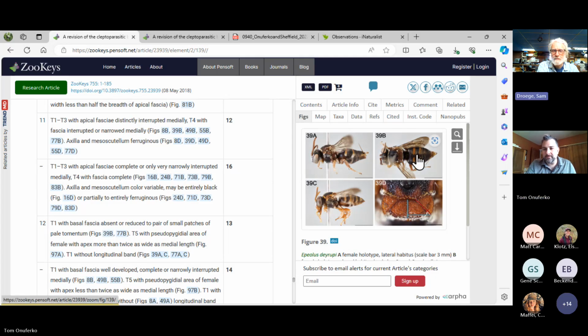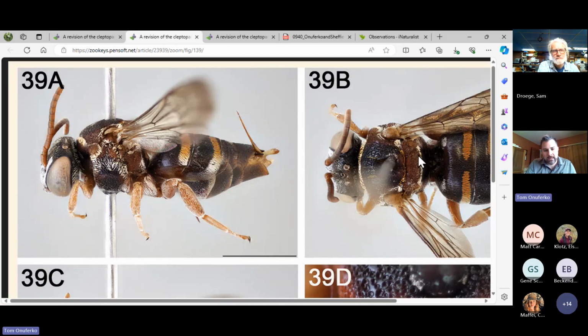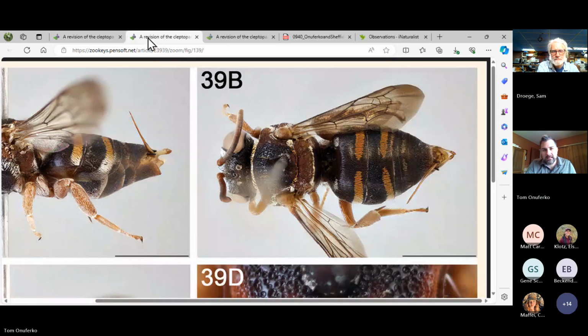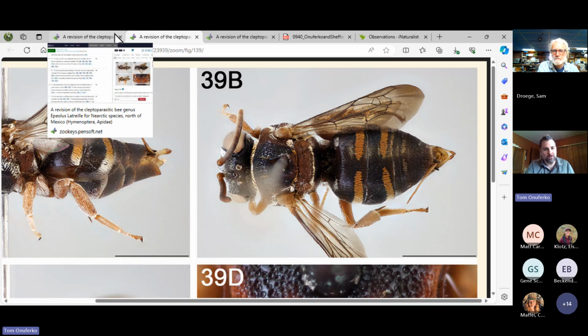It's somewhat, I don't want to say subjective. There's no strict cutoff here. The ones that I would say are distinctly interrupted are almost separated into rounded lobes medially, as opposed to just tapering to and almost connecting.